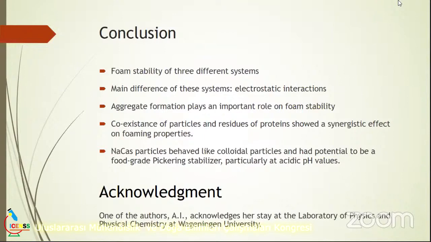They increase the foamability and foam stability of the systems. And finally, the sodium caseinate particles behaved like colloidal particles, and especially at acidic pH values, they are stable. They have a stable integrity and can be used as a food grade Pickering stabilizer.